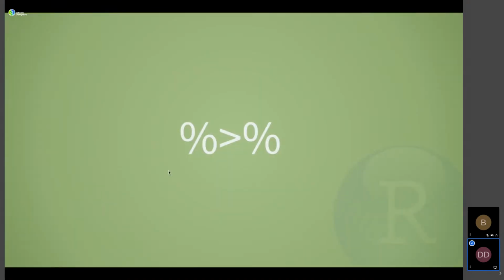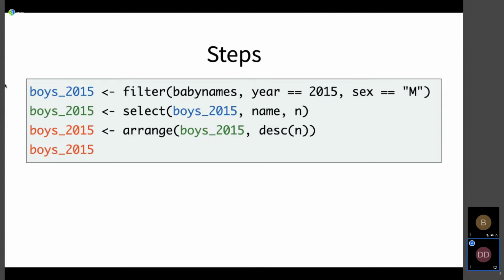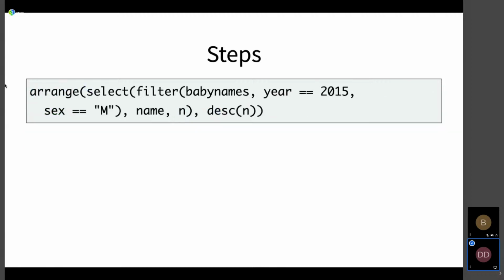But this is how many people are stringing together dplyr operations, because often when you're filtering and selecting and arranging and grouping by and summarizing, you want to do more than one of those at a time, because every time you rename a variable, it's more mental work that you have to do, and often you can avoid that, and it often is much faster to avoid that. Or you end up with a name that means nothing, and that is also hard to read. So you can eliminate that by stringing these things together.